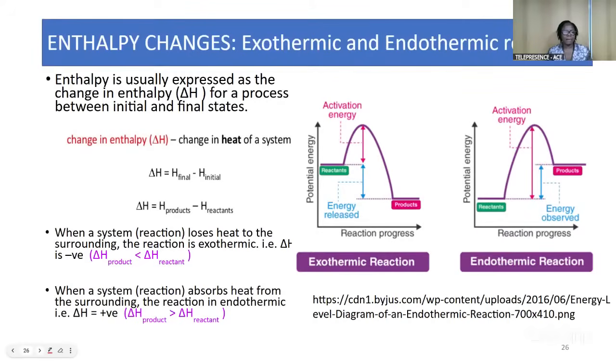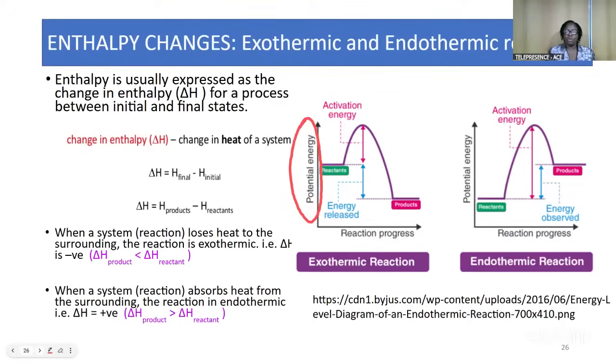And so when a system or a reaction loses heat to the surrounding, we say that the reaction is exothermic, that you know of, and delta H is negative. And it implies that H of the product is actually less than H of the reactant. And that is what you see in an exothermic process here, where the heat and potential energy have direct correlation.